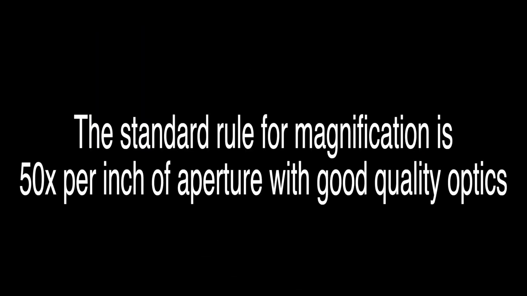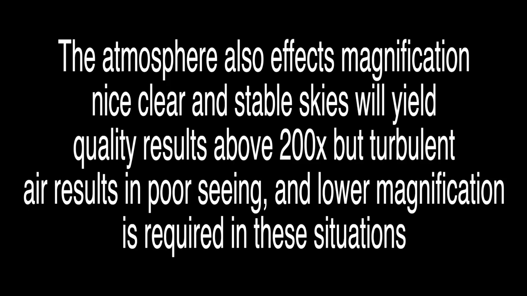So aperture is king. The more aperture a telescope has, the more resolution it can deliver. And so if you want to do high magnification work, you need a lot of aperture to support that. Focal length also affects your magnification. Obviously, with cameras, the longer the focal length, the more magnification you receive.